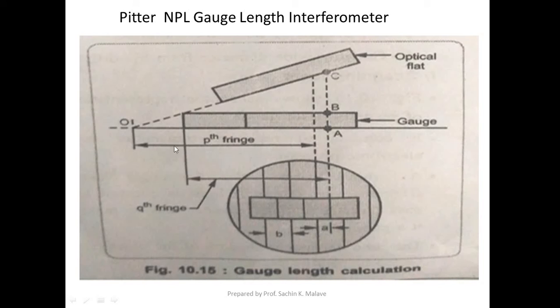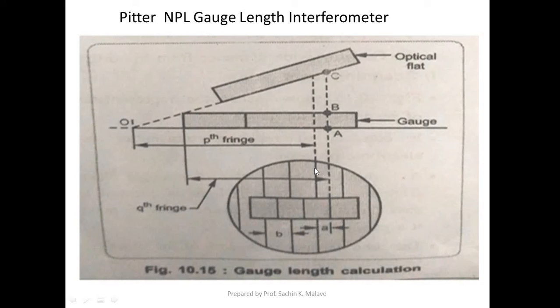So we can find out the fringe corresponding to point A as the pth fringe plus this much distance. Okay, so this distance is expressed in terms of b as a by b, isn't it? This distance from here to here is nothing but expressed in terms of the fringe spacing of the instrument base, isn't it?